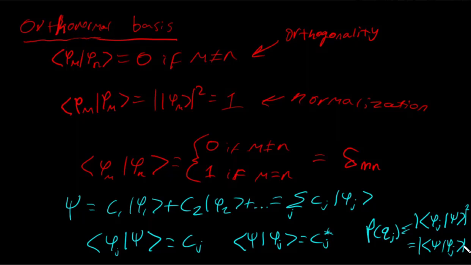Just because they're complex conjugates of each other, and the norm squared of Cj and the norm squared of Cj star are the same. It's just one of our properties of complex numbers.